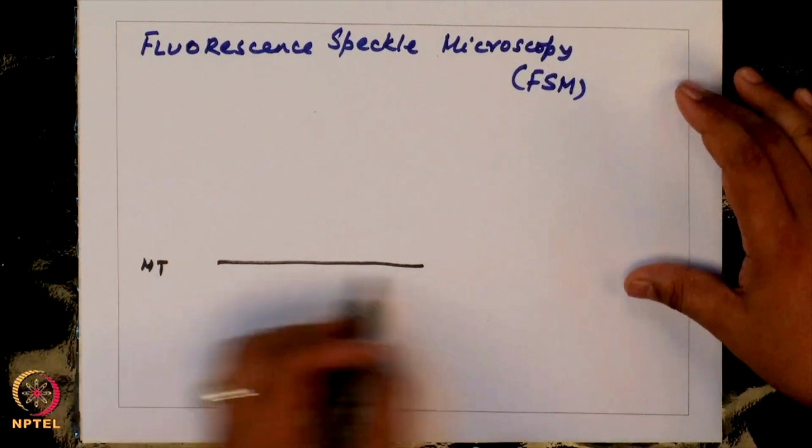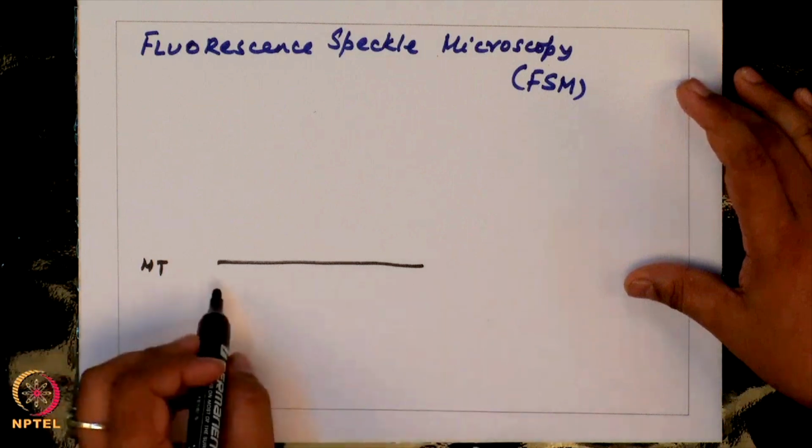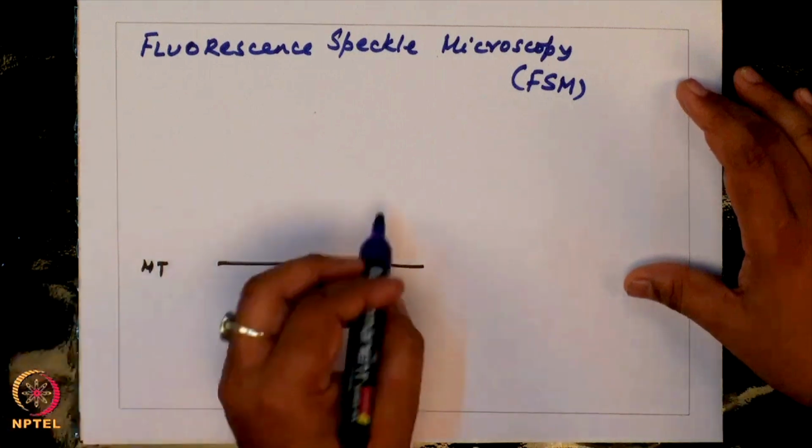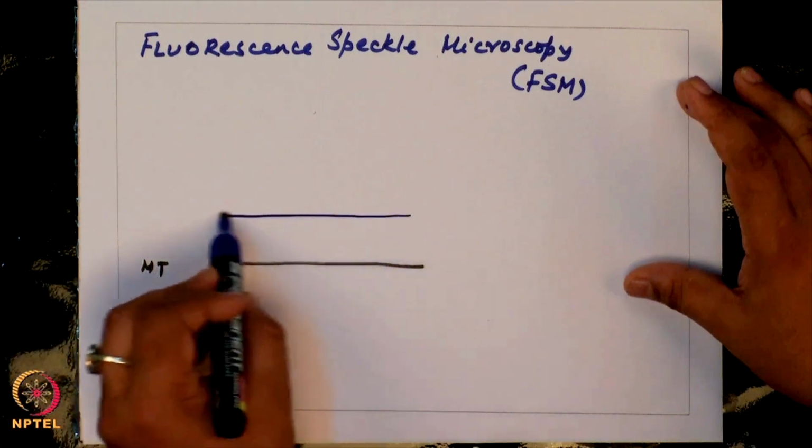Okay. So, in that case you are in no way able to track the dynamics. But let us say you do the following experiment, in which you take unlabeled filaments.